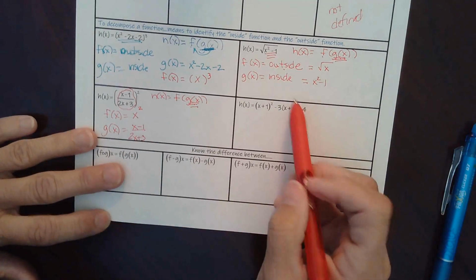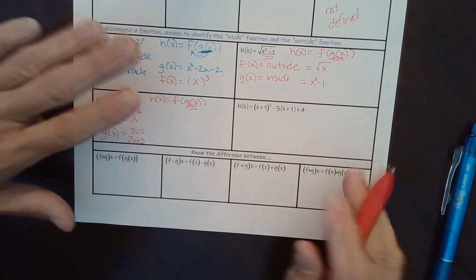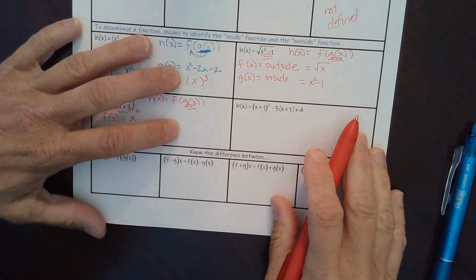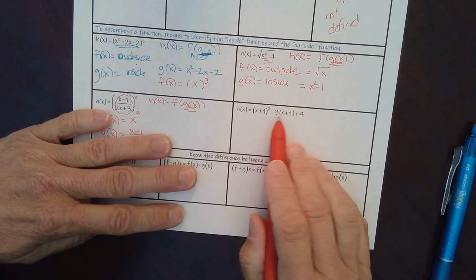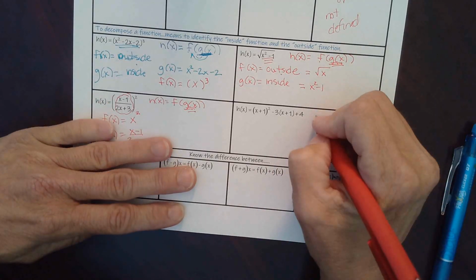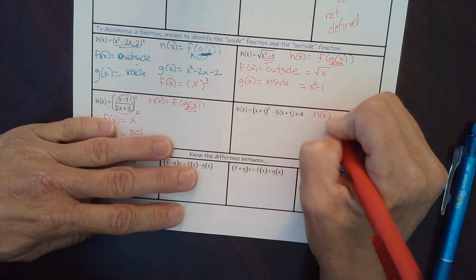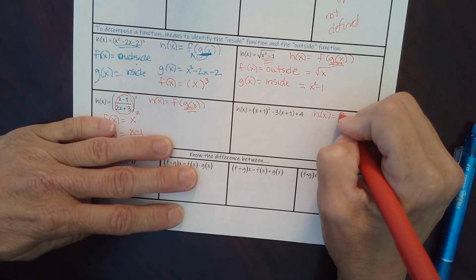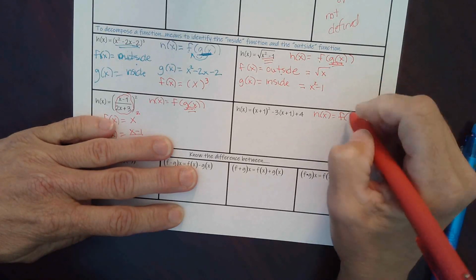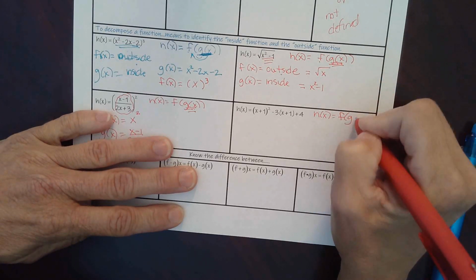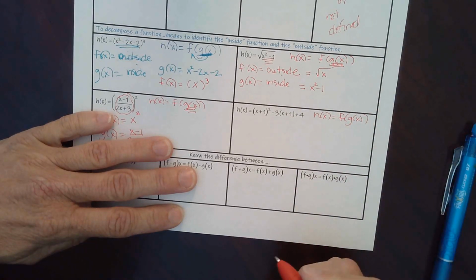All right, and then finally, let's look at this last example. We have h of x equals x plus 1 squared minus 3 times x plus 1 plus 4. And again, we'll stick with h of x equals the function defined as f of g of x.